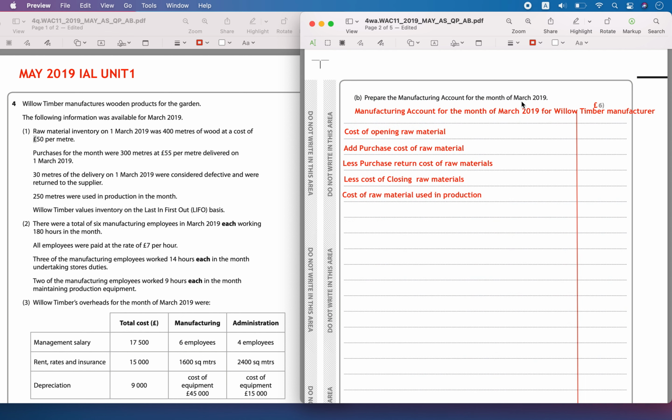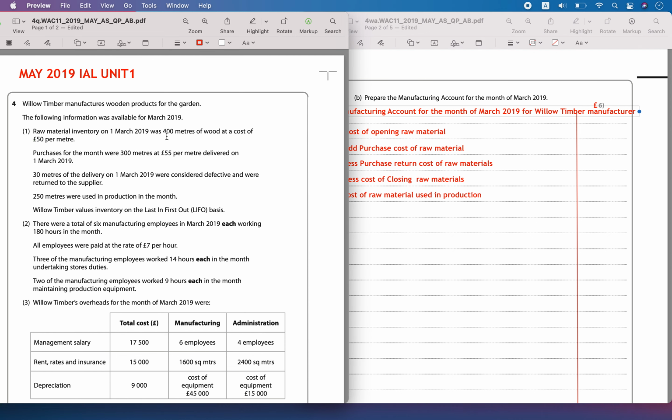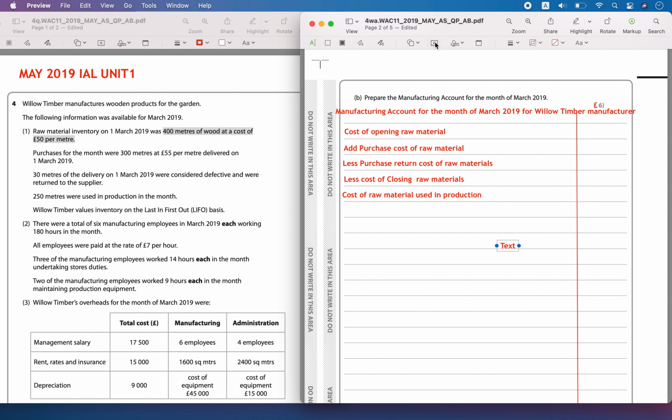This is the manufacturing account. Now you have the cost of opening raw material. So 400 meters of wood is used and the cost is 50 pounds per meter. Let's multiply these two.